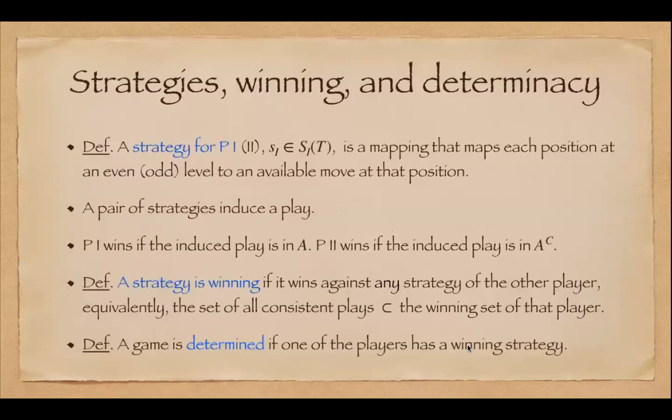Okay. Now some more formal definitions. What is a strategy? A strategy of player 1, for example, is just a mapping that maps each position at an even level of the tree to a move, an available move at that position. And the same thing for player 2. Player 2 plays at positions of odd length.